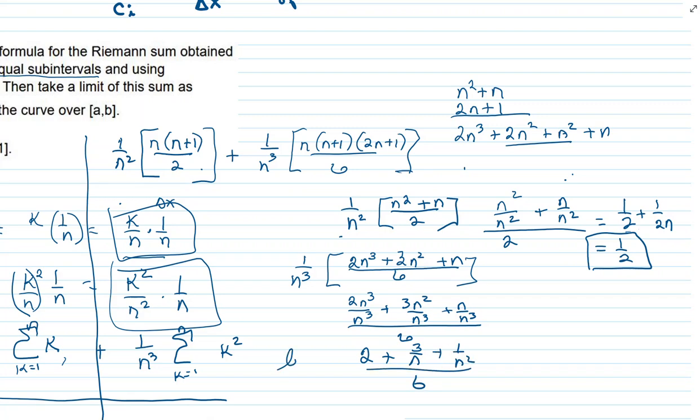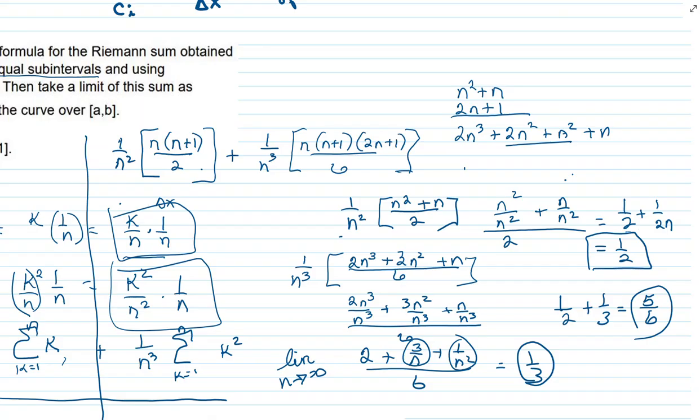And now we're taking the limit as n approaches infinity. Well, this is 0 and this is 0, so I get 1/3. So I have 1/2 plus the 1/3. And that gives me that area. Ta-da.